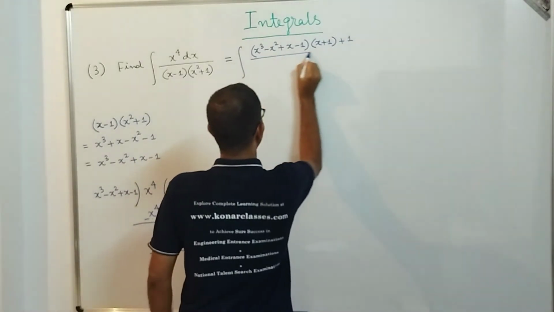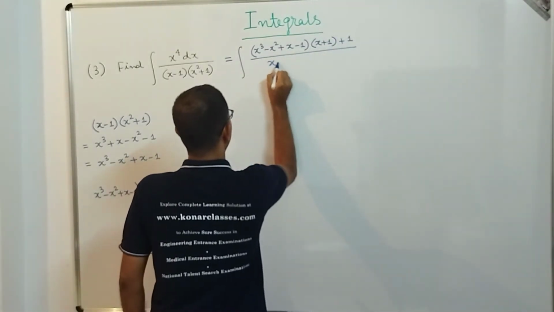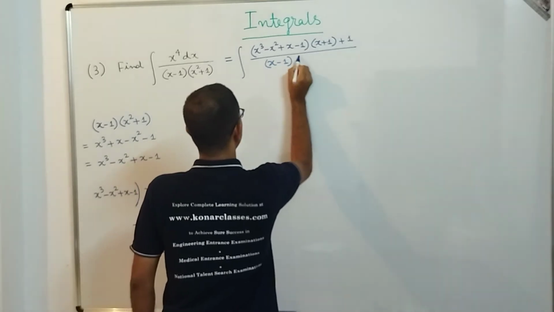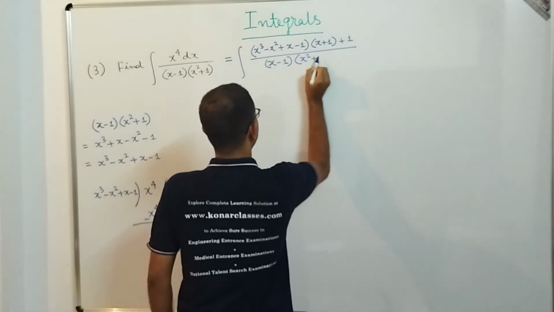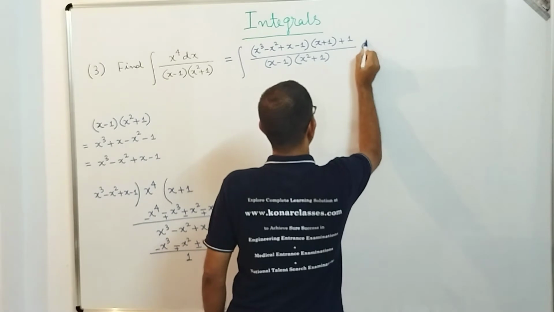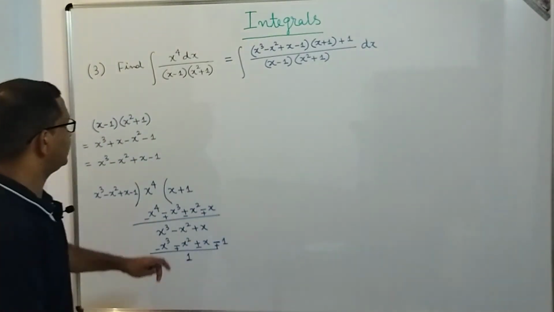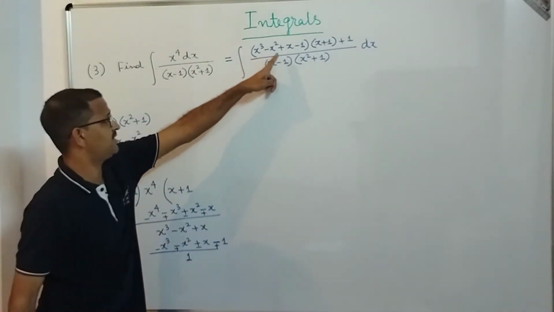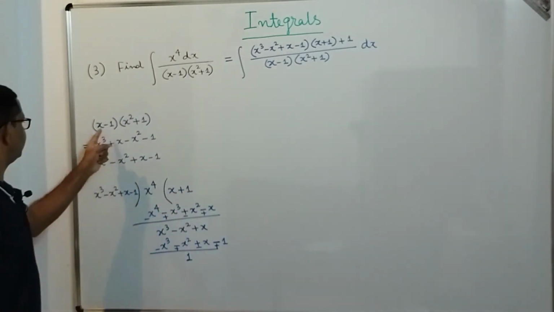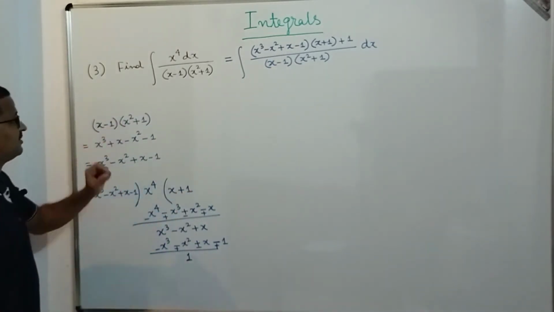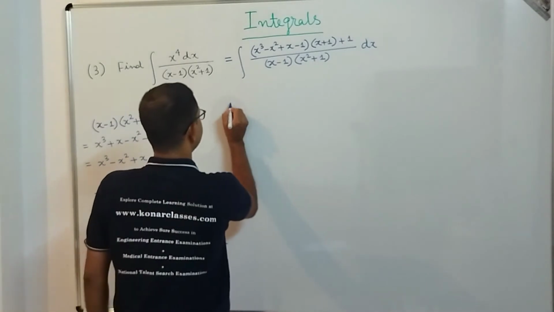And in the denominator what can we write? x minus 1 into x square plus 1 entire dx. Now if you look at that, what is x cube minus x square plus x minus 1? That is nothing but x minus 1 into x square plus 1. So what can we write here?